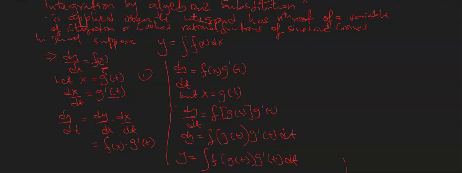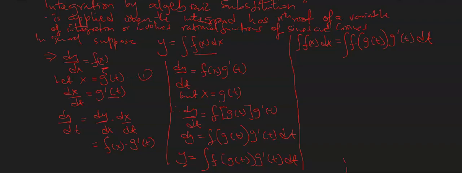But remember that we had said that y is the integral of f of x, and therefore we shall have the integral of f of x with respect to x equals the integral of f of g of t, g prime of t dt.